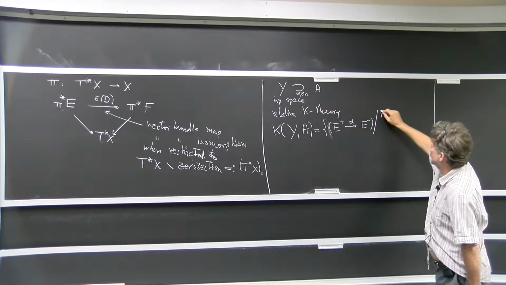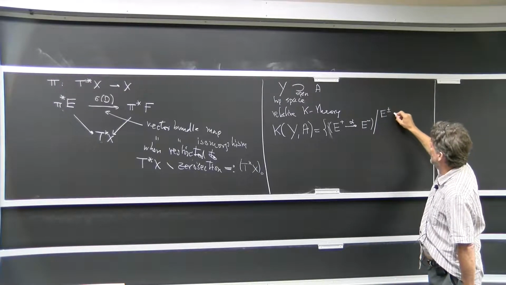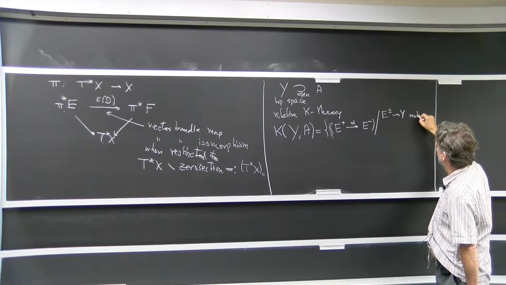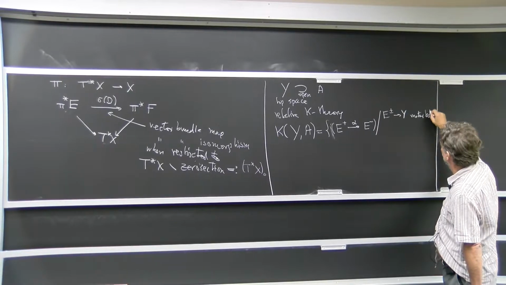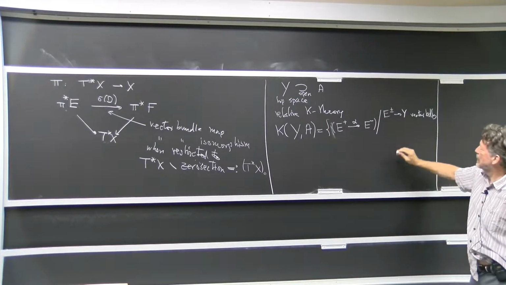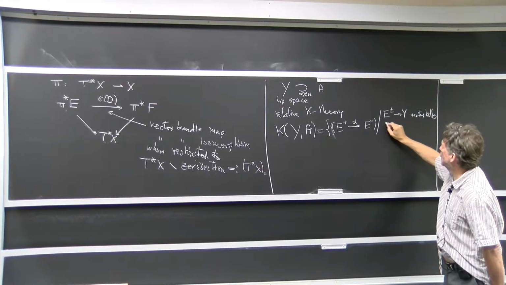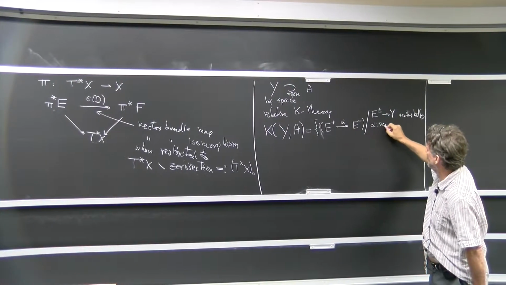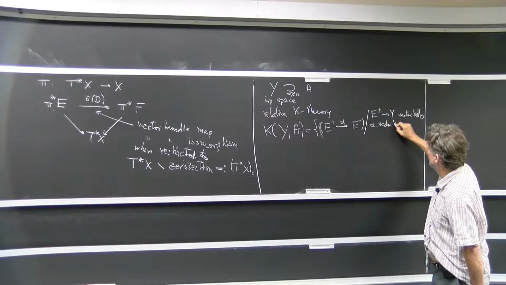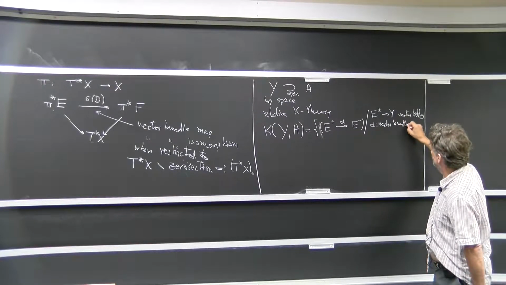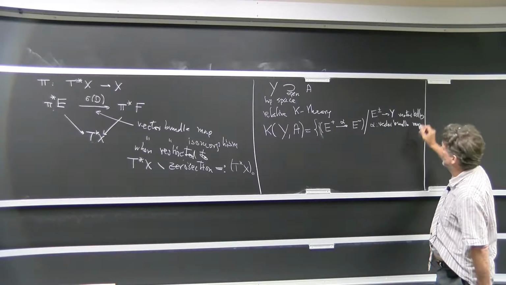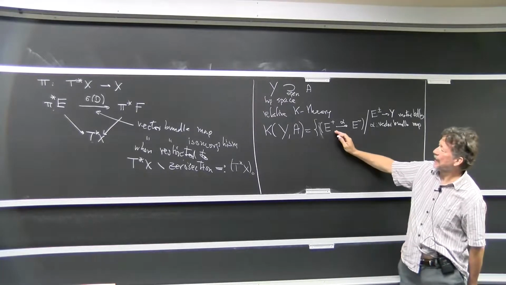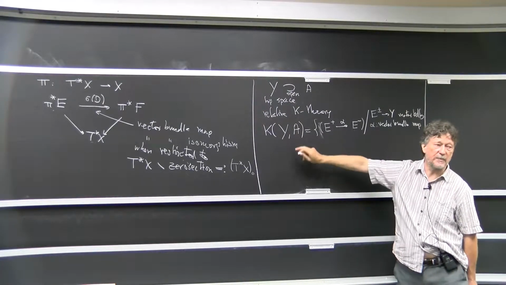E plus and E minus are vector bundles over Y, and alpha is a vector bundle map, but you insist that this vector bundle map is a vector bundle isomorphism over the subspace.